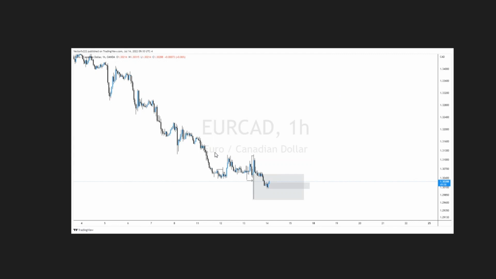So we saw price create these equal lows here. Okay, now we know about BFI manipulation. We know market manipulation and BFI involvement in things like this. Now these lows created here obviously had a lot of liquidity below them.